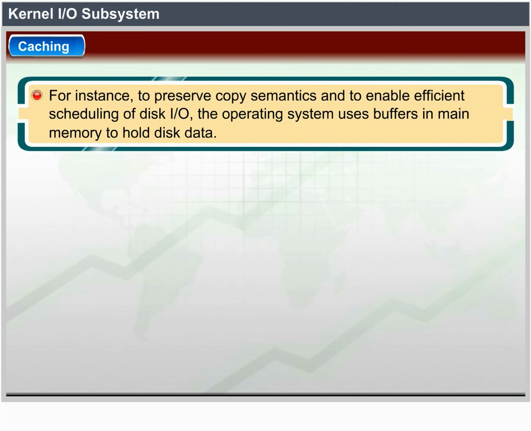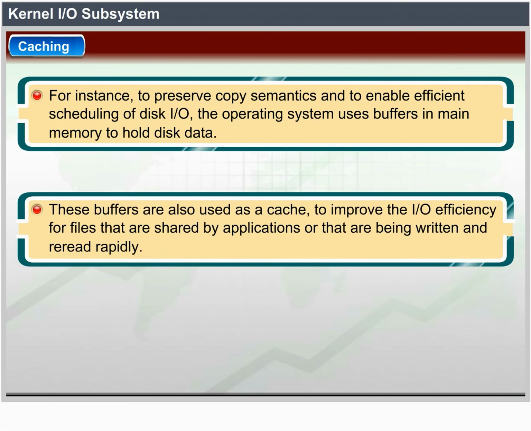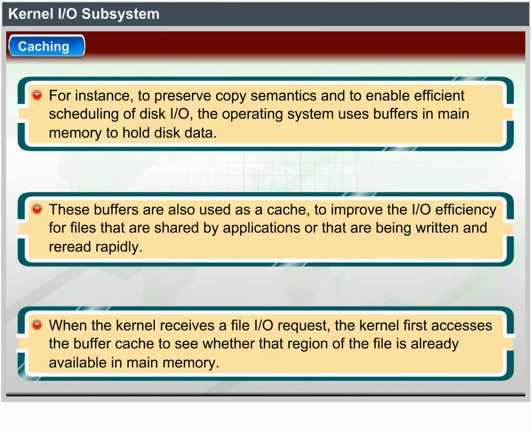These buffers are also used as a cache to improve the input-output efficiency for files that are shared by applications or that are being written and reread rapidly. When the kernel receives a file input-output request, the kernel first accesses the buffer cache to see whether that region of the file is already available in main memory. If it is, a physical disk input-output can be avoided or deferred.